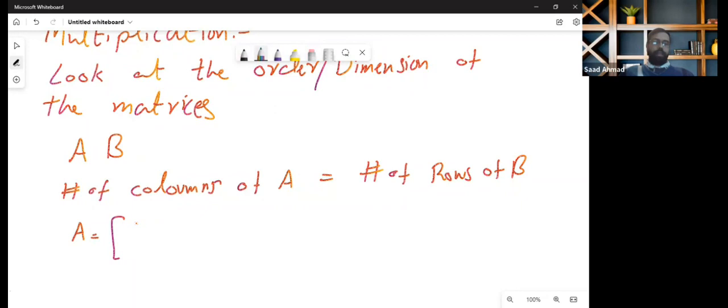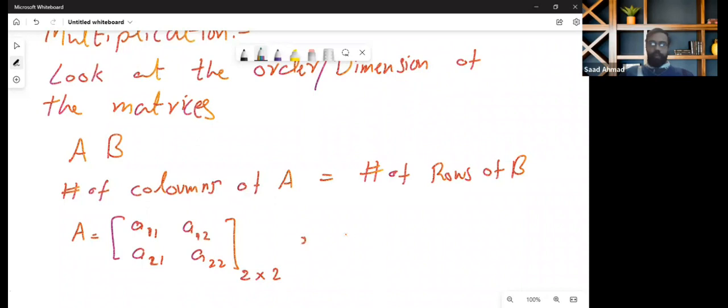I'm just representing the entries by their names: A11, first row, first column; A12, first row, second column; A21; and then A22, second row, second column. The order of this matrix is 2 cross 2.